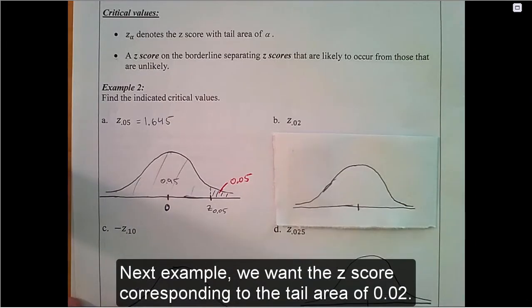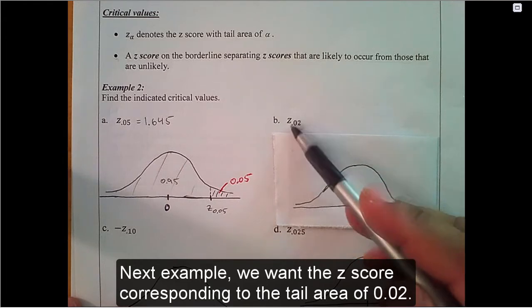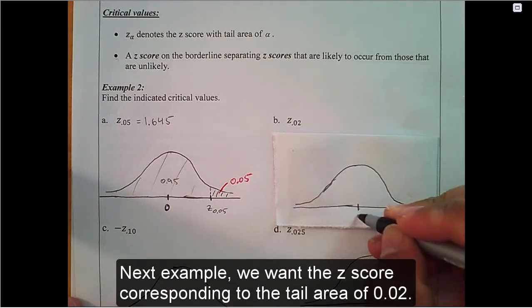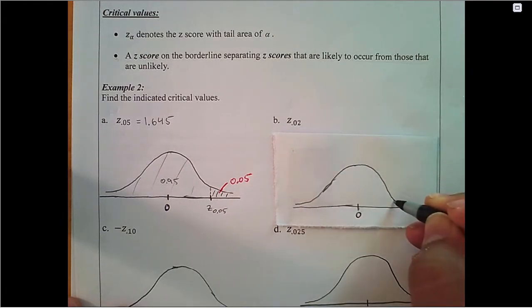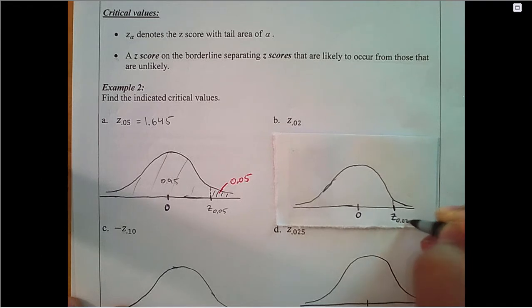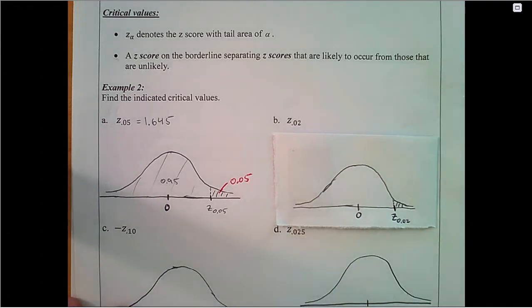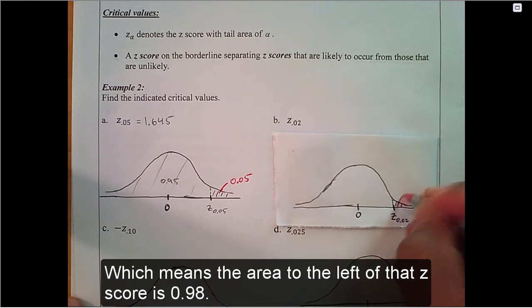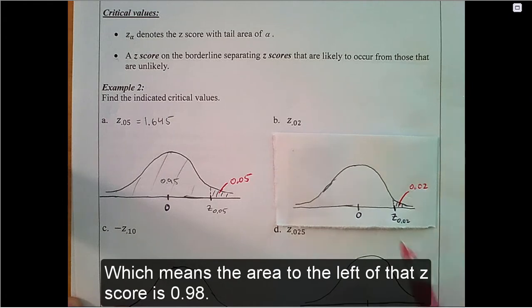Next example, we want the z-score corresponding to the tail area of 0.02, which means the area to the left of that z-score is 0.98.